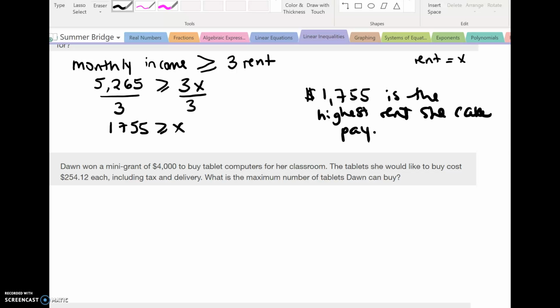Dawn won a mini grant of $4,000 to buy a tablet computer for her class. The tablets she would like to buy cost, so this is the total amount she can spend, and the cost of each tablet is $254.12. What is the maximum number of tablets Dawn can buy?